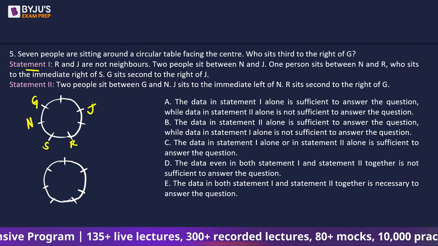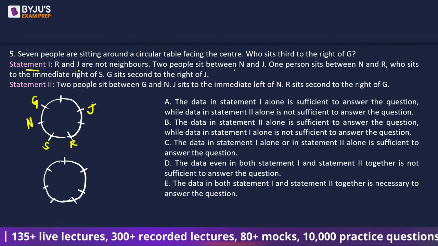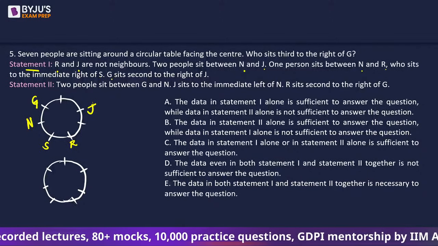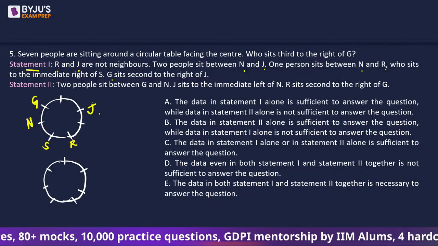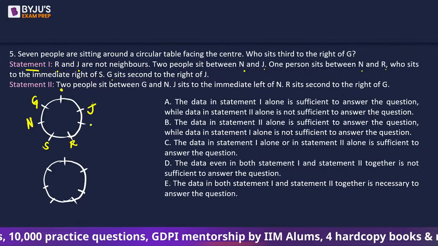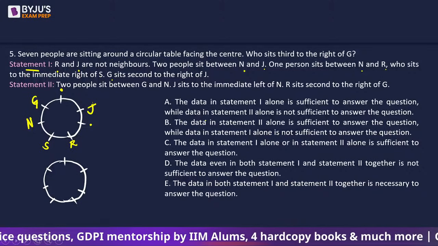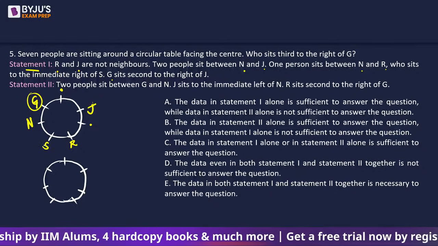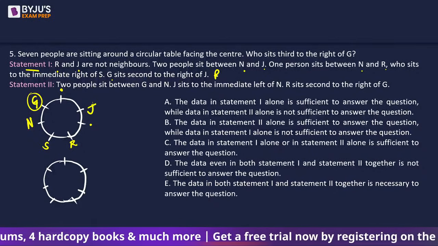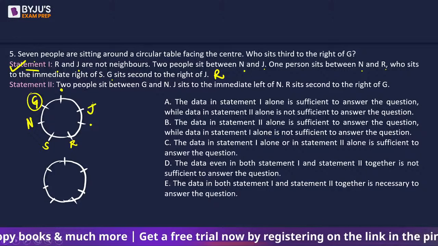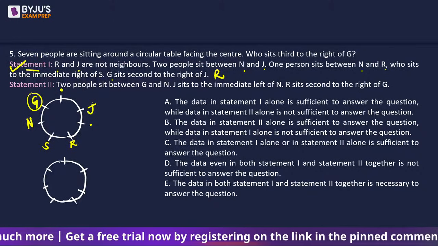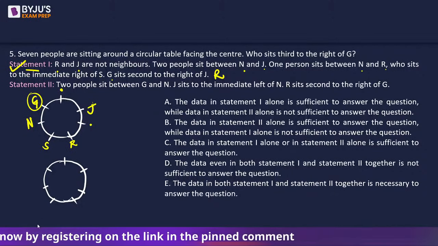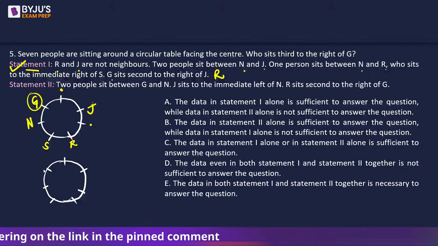R and G are not neighbors, so we have R, J, N, R, S, and G. So these people are seated. We don't know who the other two people are. But anyways, can we figure out who sits third to the right of G? So this is G, third to the right of him is going to be R. So using statement 1 alone, we are able to answer the question, right? So in such kind of questions, you have to be very, very careful.